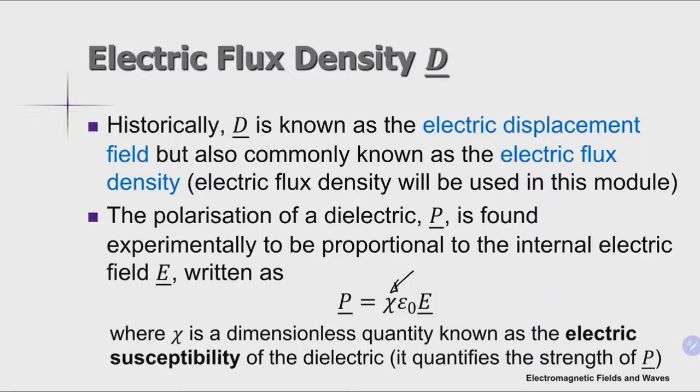Different materials have a different value for this parameter. But this is not so popularly used to define the property of the materials. In the next slide is the parameter that is more often used, which I'm going to talk about in a minute.